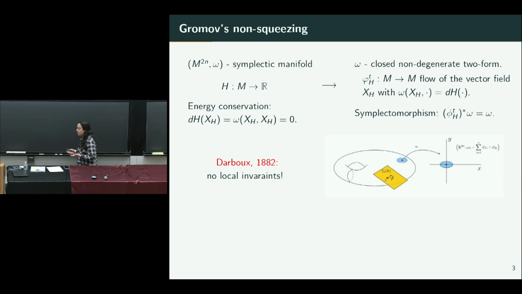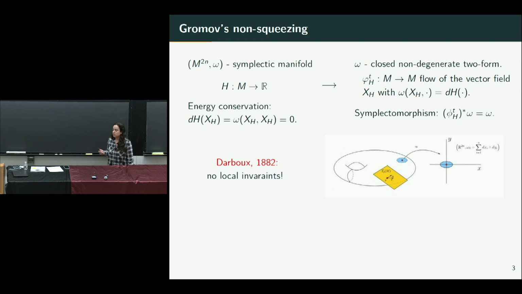And for a while, it wasn't clear whether there is anything else, meaning there was a question whether one can approximate any volume-preserving map with a symplectic map, that is, how essentially different symplectomorphisms and volume-preserving maps are.